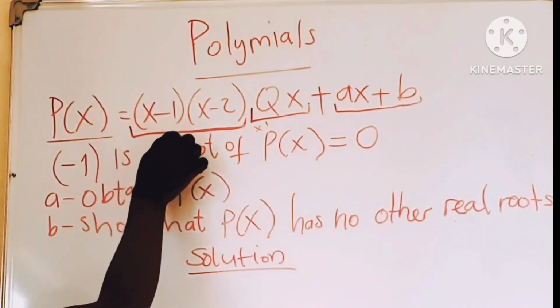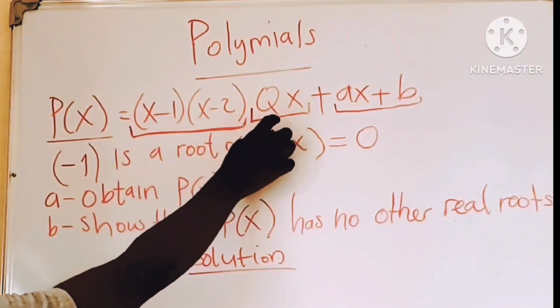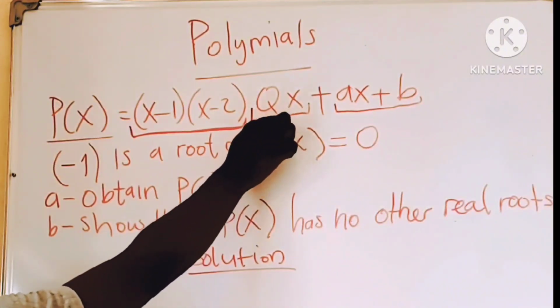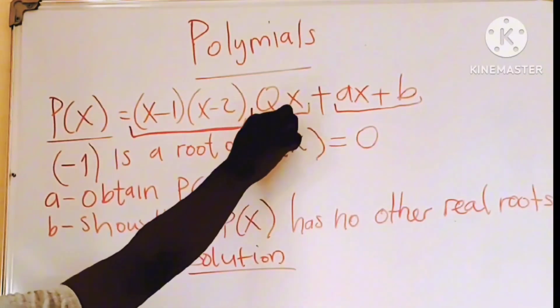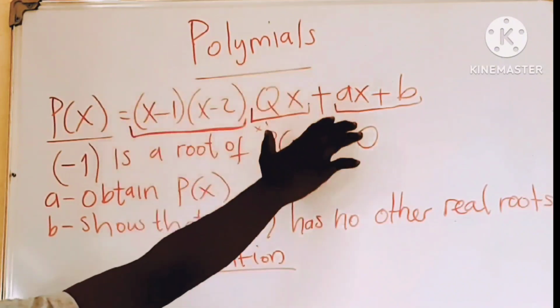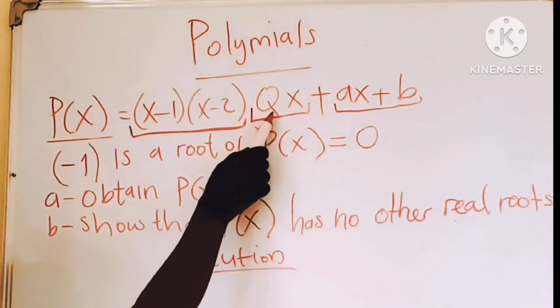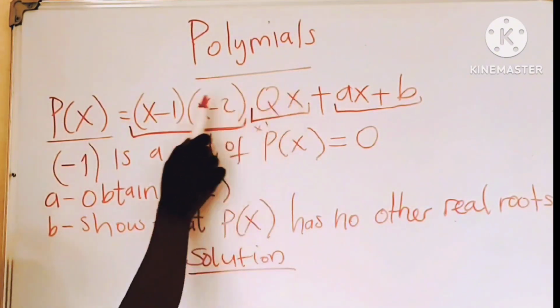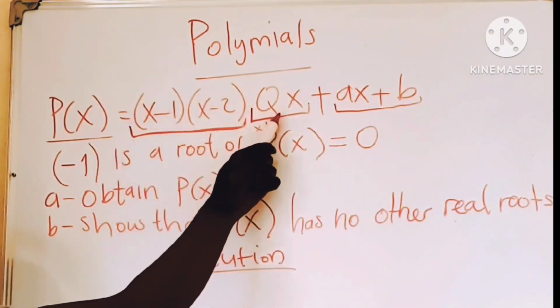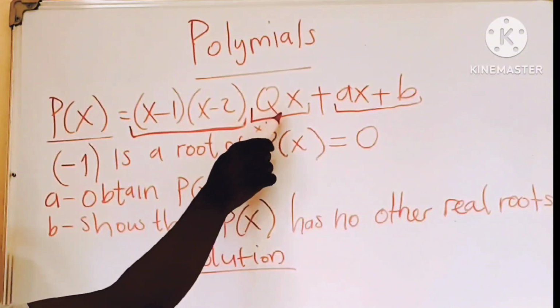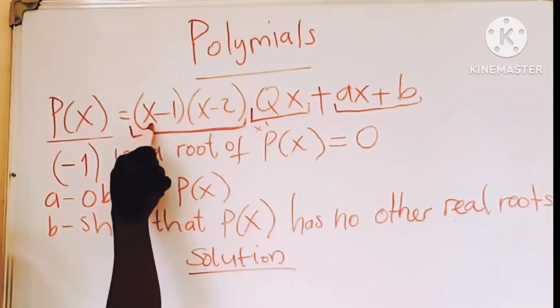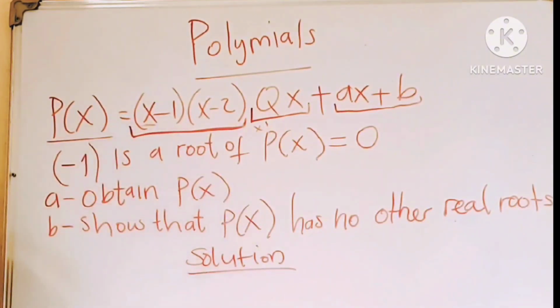This is already a quadratic. This quotient must be of degree 1, a linear polynomial, to enable us to have a polynomial of degree 3. Because what we substitute here as Q of x would multiply all of this, and if it has a degree higher than 1, then we are not going to have a polynomial of degree 3.